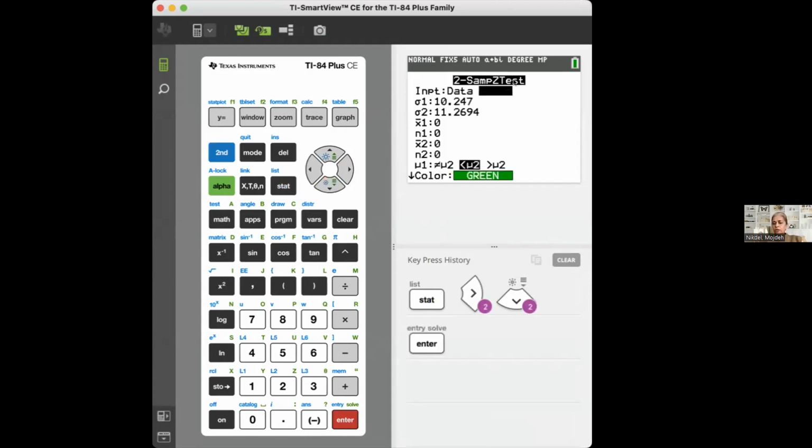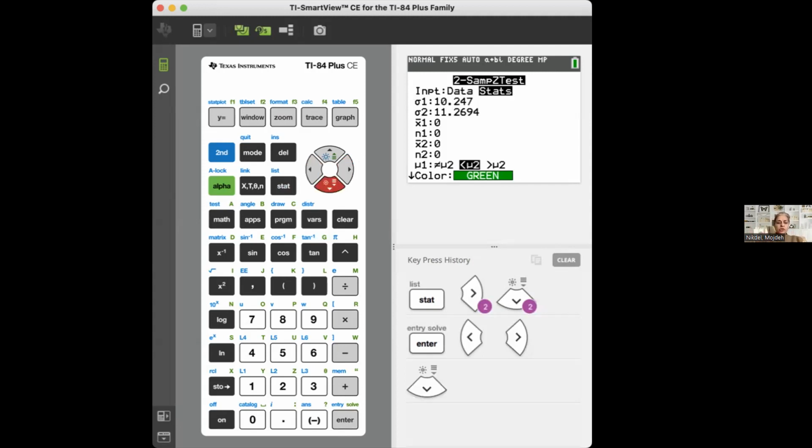On the top row, for input, you have data and you have stats. Data is when I give you raw data for two groups, a bunch of numbers for each group. But here, I give you statistics for each group: mean, standard deviation, sample size. So I highlight stats. It asks for sigma 1.